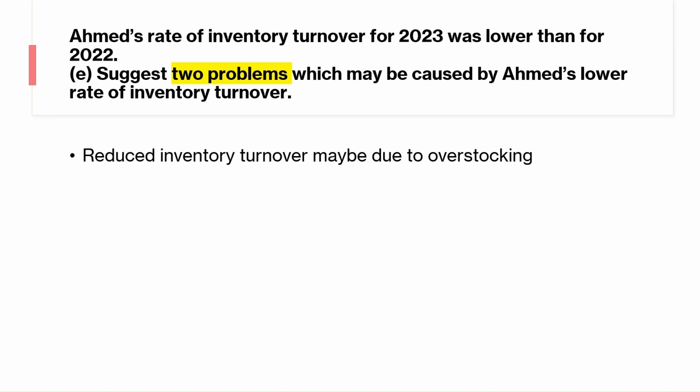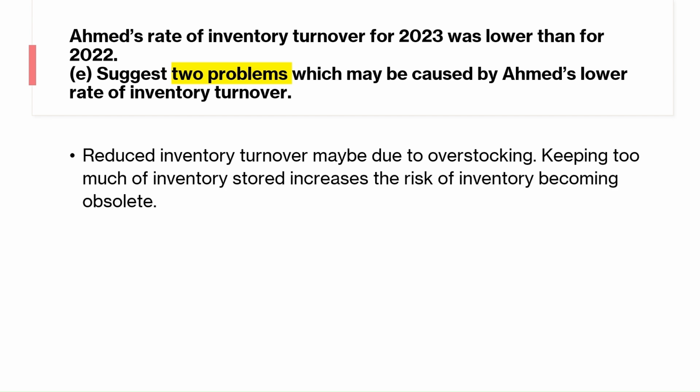So reduced inventory turnover may be due to overstocking, and this might increase the likelihood of goods becoming obsolete. And that is a wastage cost. It will increase the waste because goods are getting expired or they may be deteriorating, which is a cost for the business.